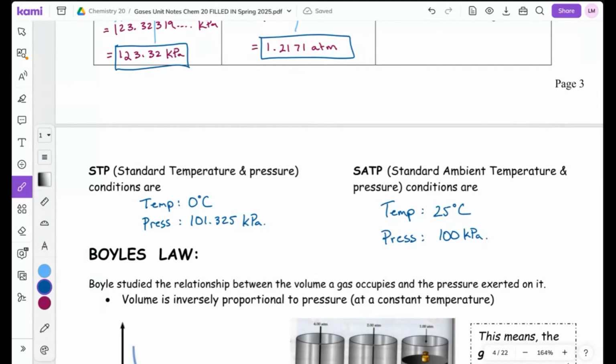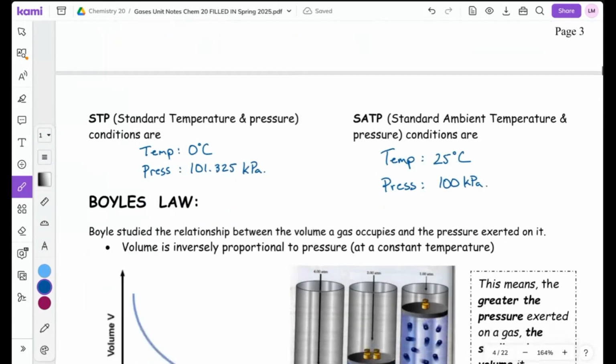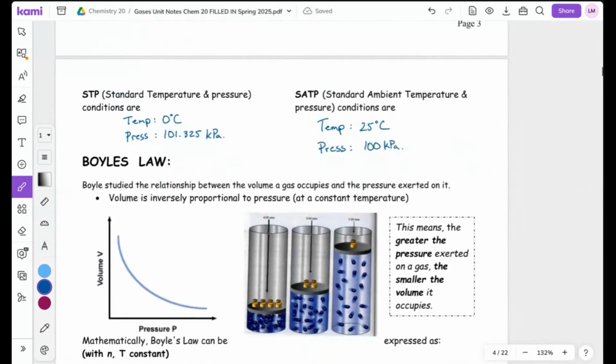Then you just need to look up these conditions on your periodic table, or on the Nelson periodic table on the second page. You do not have to memorize them. You just need to know where to find them.